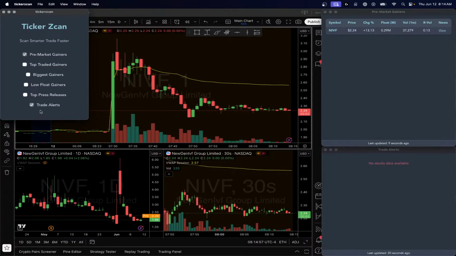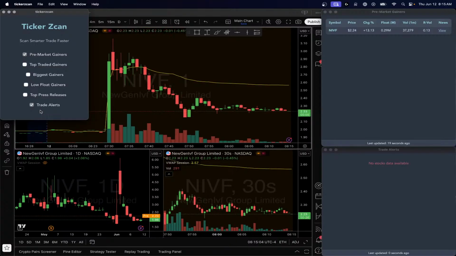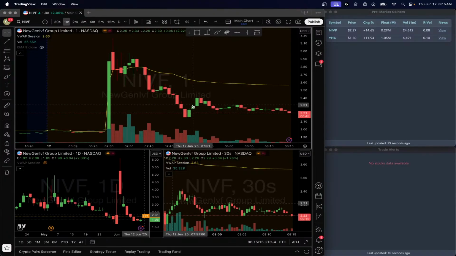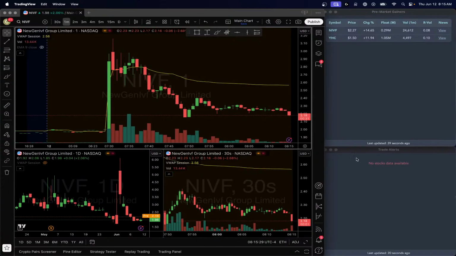And the trade alerts, that's a work in progress. Right now what I have it look for is 3 green candles like this, 1, 2, 3, and then a pullback, like a 2-bar pullback, where it makes lower highs, it will show up here.